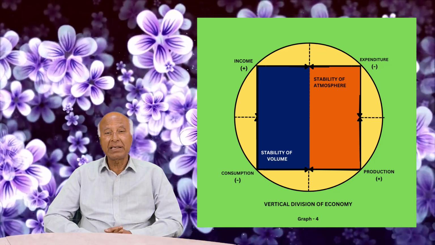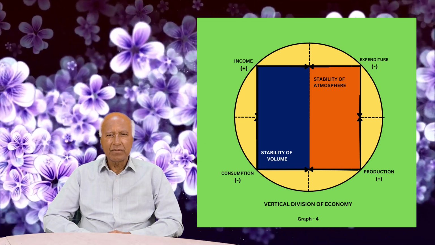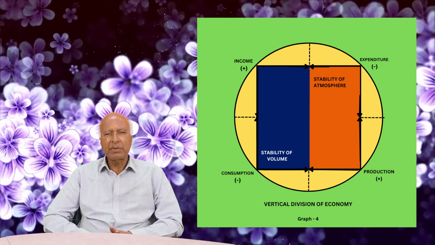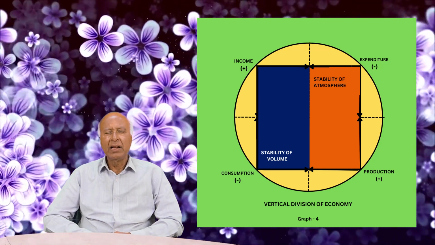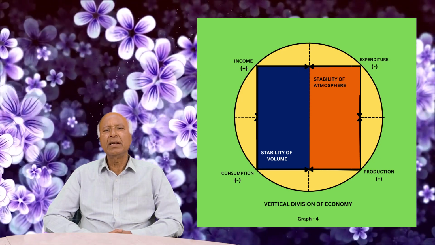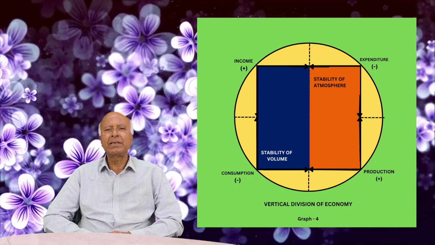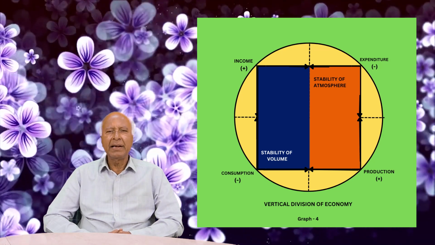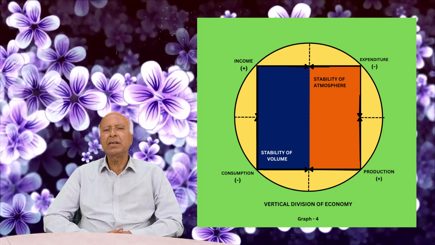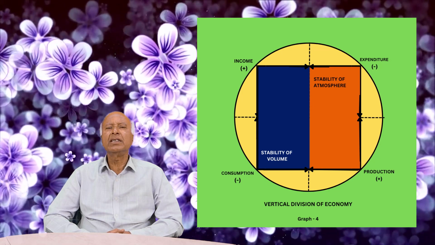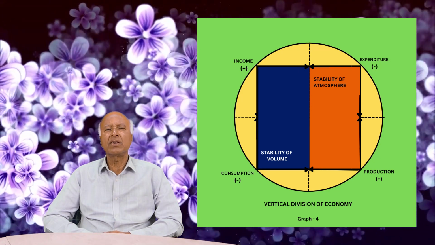But if income is stagnating, and consumption is not creating demand, production will not increase. So to give impulses of demand to cause a commensurate increase in production, deficit financing measures are generally resorted to.